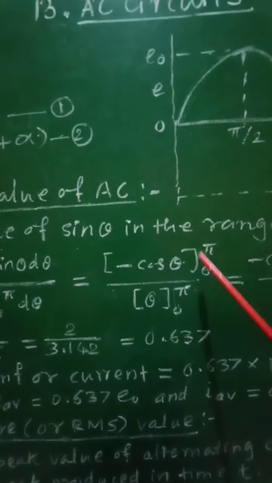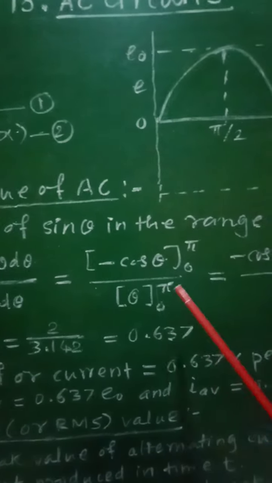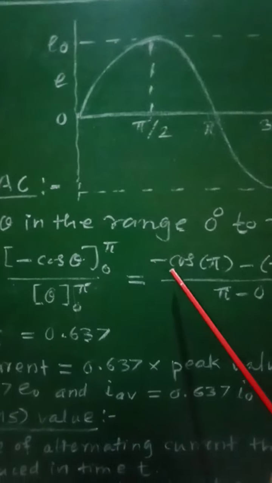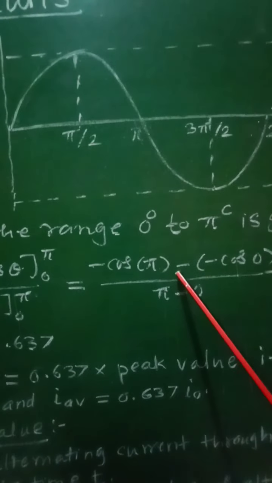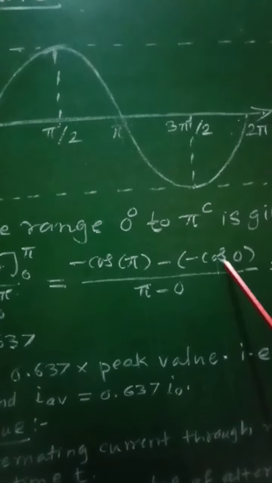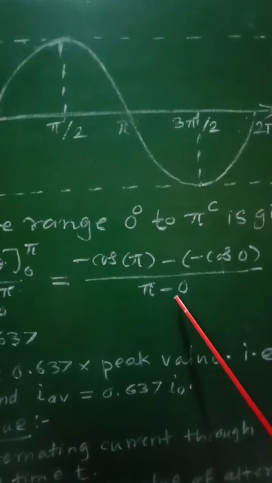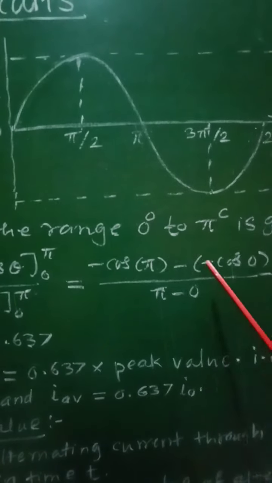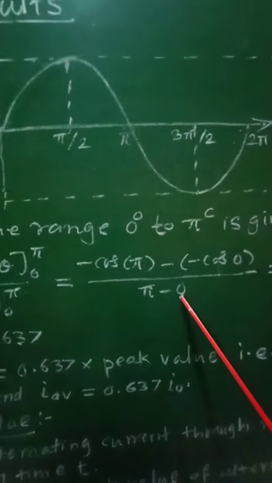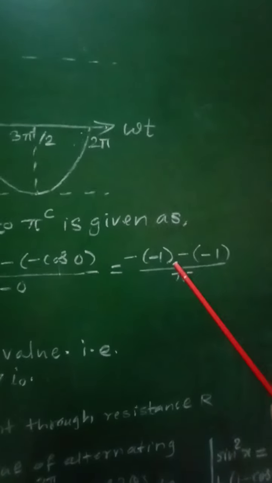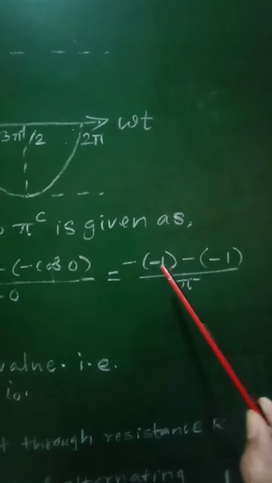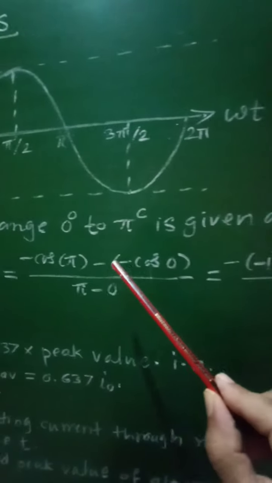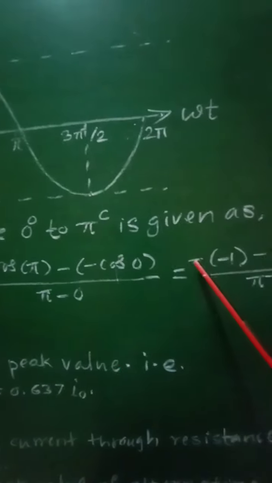Now putting upper and lower limits for numerator as well as denominator, we will get here minus cos of pi, that is upper limit, minus of cos 0, divided by pi minus 0. So upper limit minus lower limit. Now putting the values for numerator, we will get minus of minus 1, because here cos pi will be minus 1.